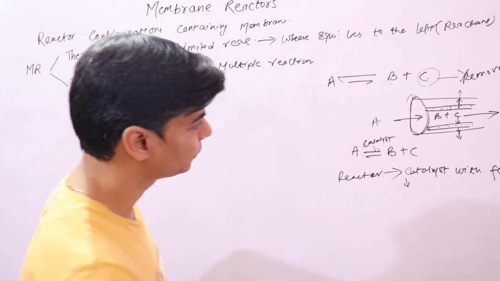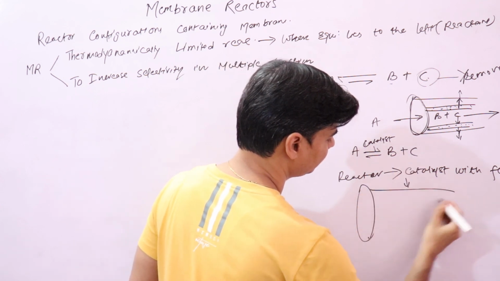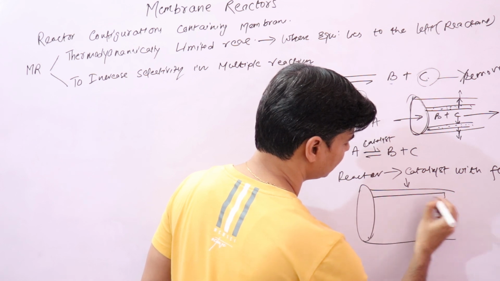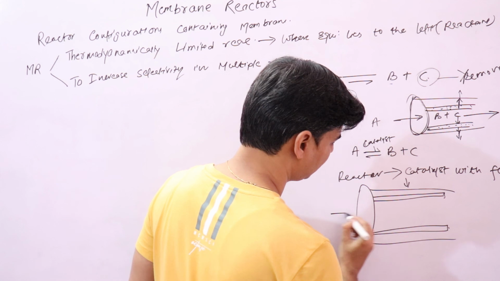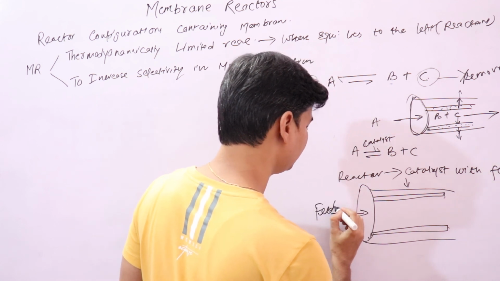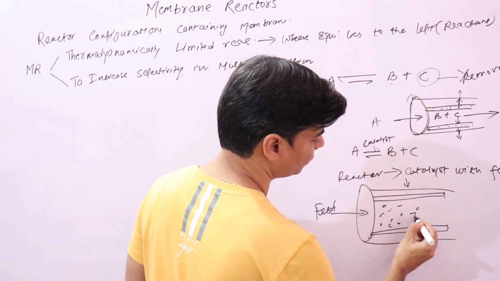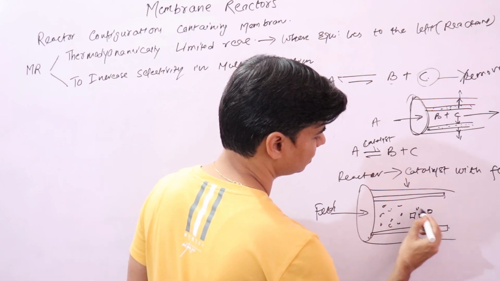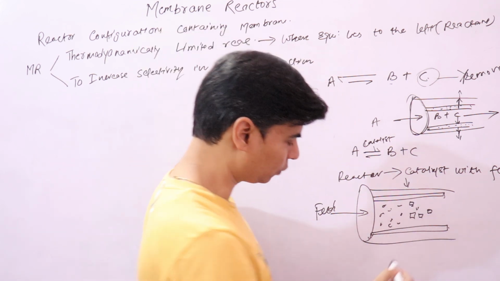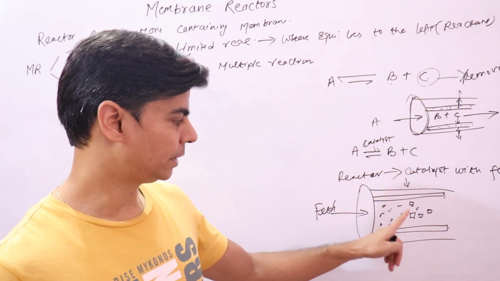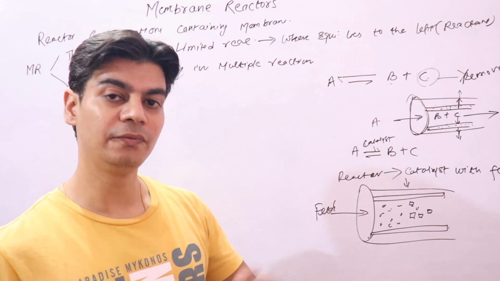That is, you have catalyst basically on the feed side, right? If this is your reactor, and this is your membrane, and here you are passing your feed, along with this feed you have catalyst particles also inside, right? So your catalyst is with the reactant only, with the feed.